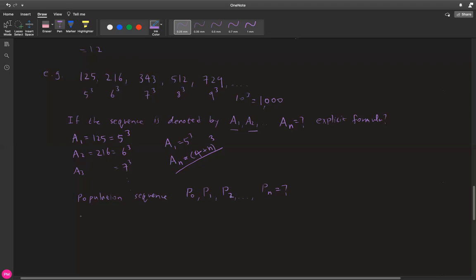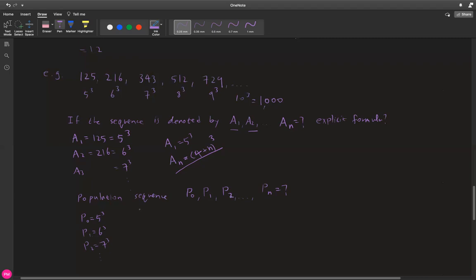So it's the same thing. You have p sub 0 given as 5 cubed, p sub 1 is 6 cubed, p sub 2 is 7 cubed, and I'm sure a lot of you have already noticed that you plug in 0 to get 5, 1 to get 6, 2 to get 7, and so on.